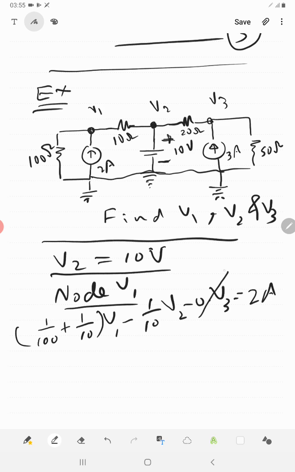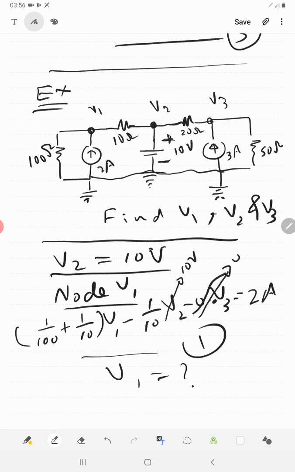V2 is 0, and this one here is 10 volts. So we determine V1 directly. This 0 is not V3; 0 times V3 will give you 0. So we can simply determine V1.